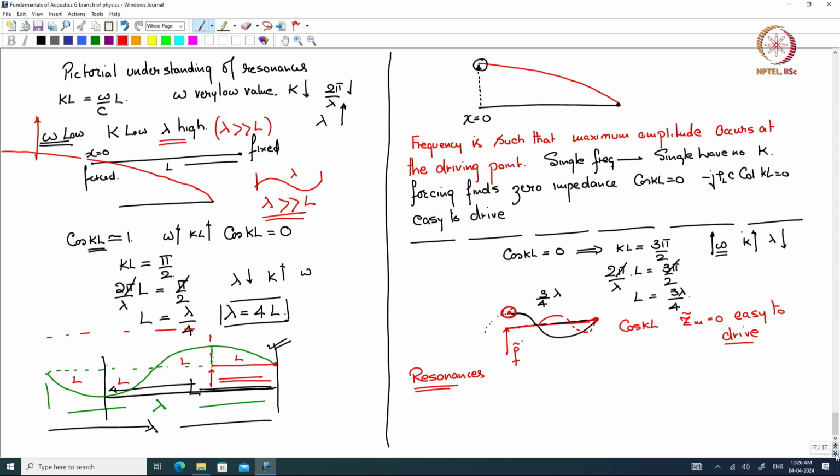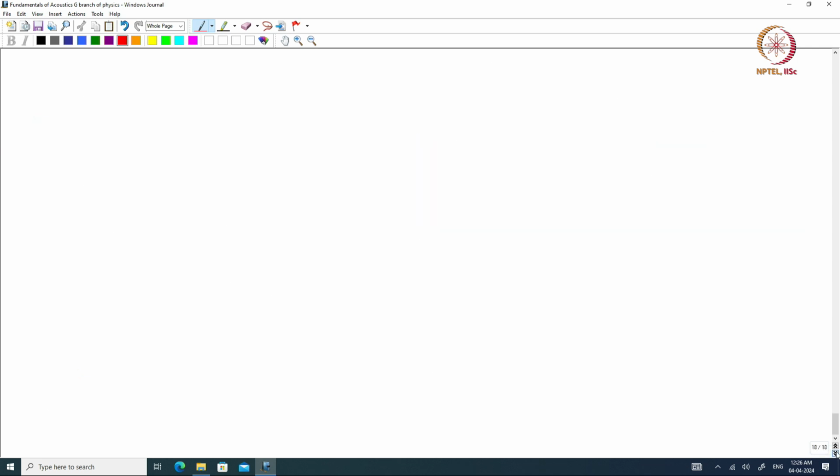Now, let us just briefly look at an anti-resonance. So, if we look at an anti-resonance, that means what? Cos KL is equal to 1, okay, which means we will take the +1 points for now.